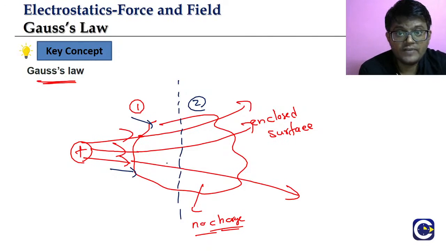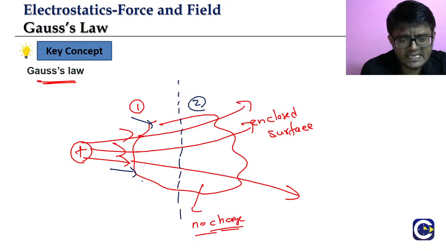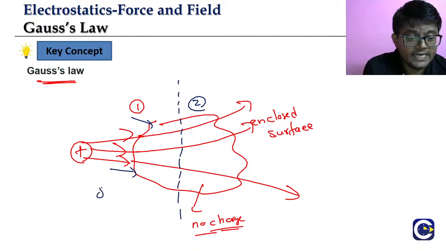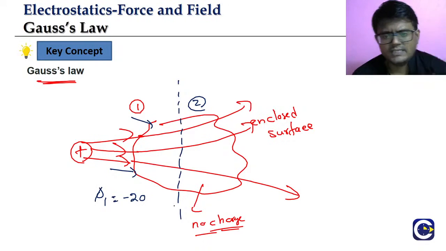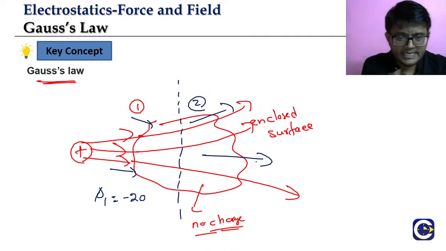We have said, flux value represents what? The number of field lines which are either entering or leaving. So if, for example, on that side they are entering, flux will be what? Negative. Take flux phi1 as -20, in SI units. The same number of field lines come out from the other side.